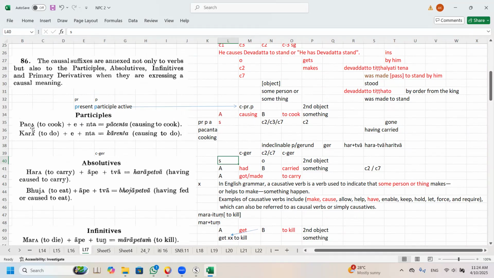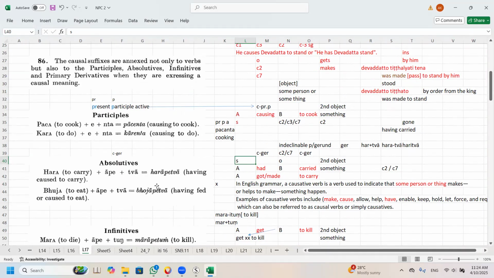This one is the writer's marking, which means this is first conjugation plus A. Oh, okay, it indicates first conjugation.